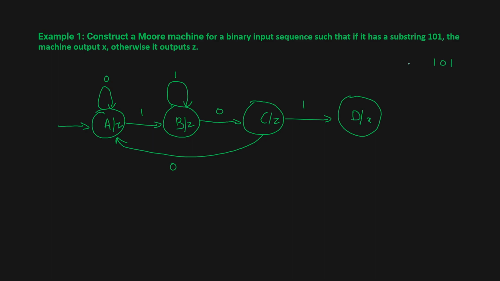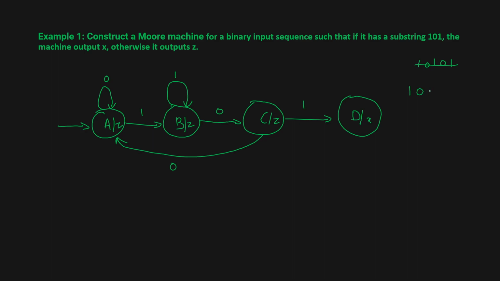Okay, so let's say the string is like this: 1 0 and then you get 1 0 1. Sorry, my bad, it shouldn't be like this. It is going to be 1 0 0 1 0 1.